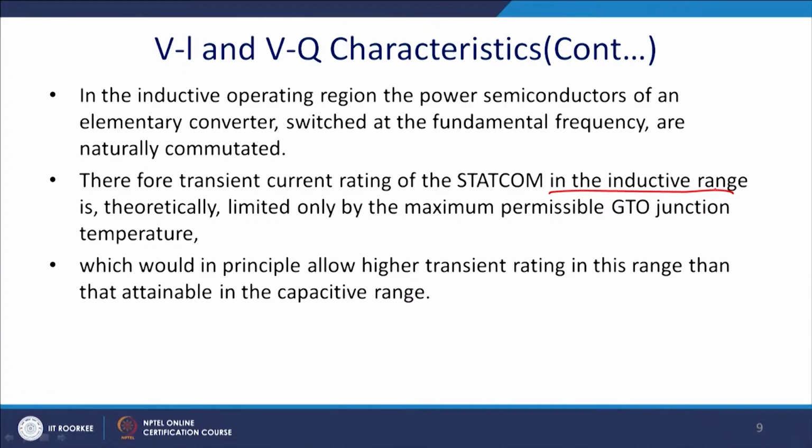So, whatever the current rating of the devices, that will determine the transient current limit. This would principally allow a higher transient rating in this range than in the capacitive range. So, it can handle more inductive power than capacitive power.